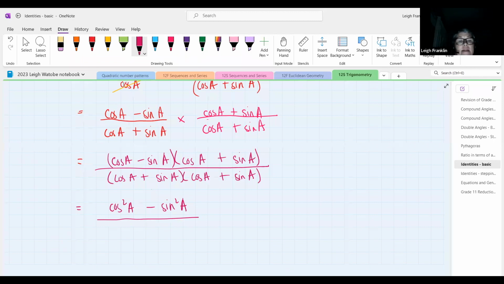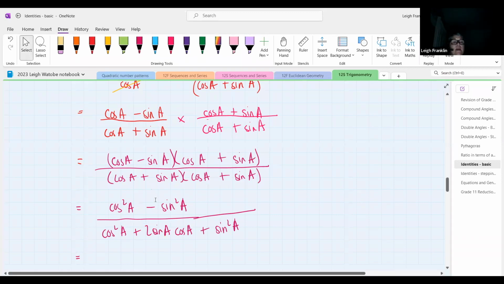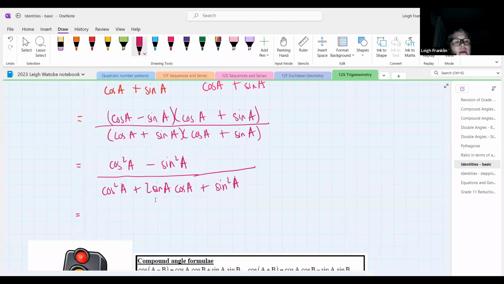In the denominator, we would end up with cos squared a plus 2 sine a cos a plus sine squared a, and we are nearly there. Cos squared a minus sine squared a is cos 2a.